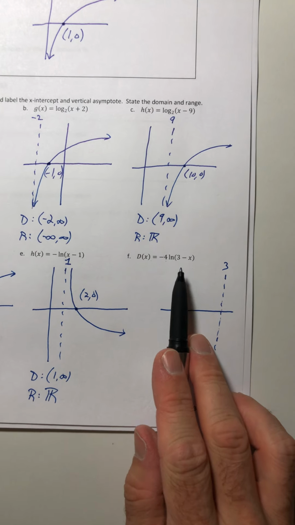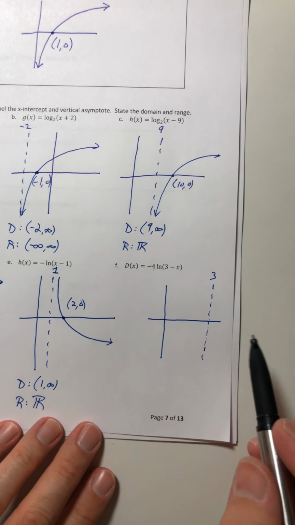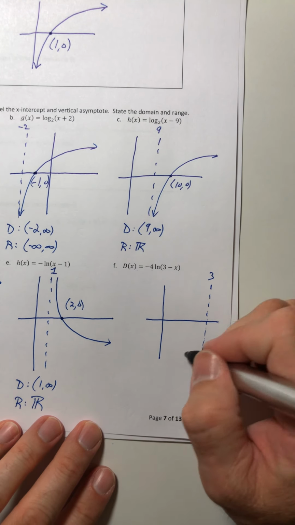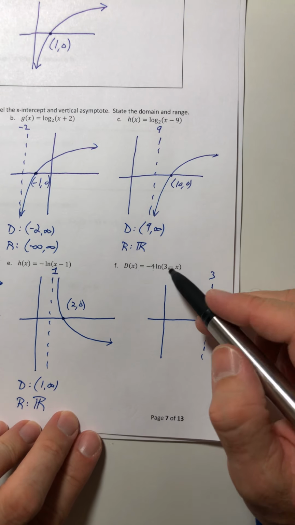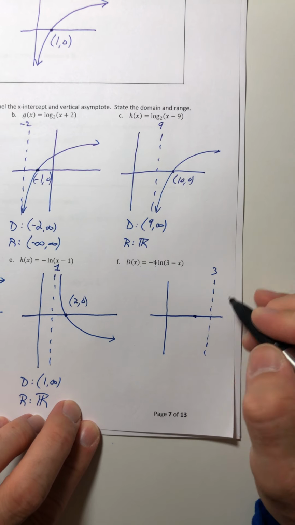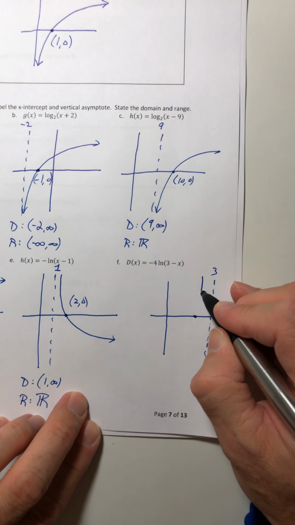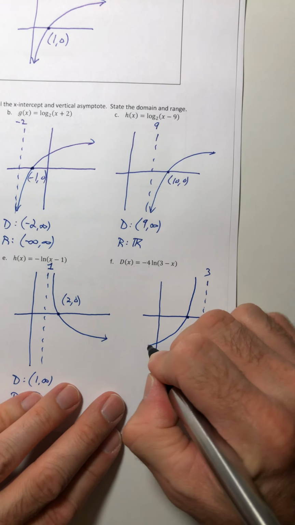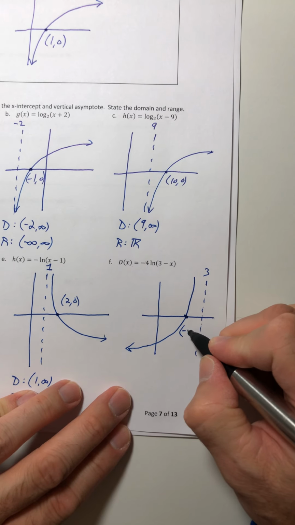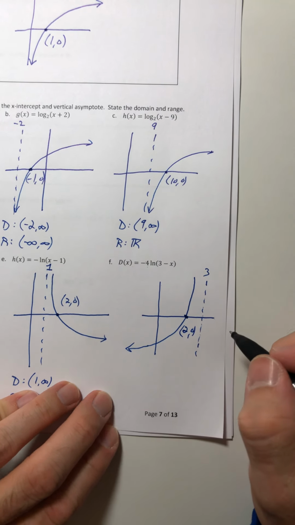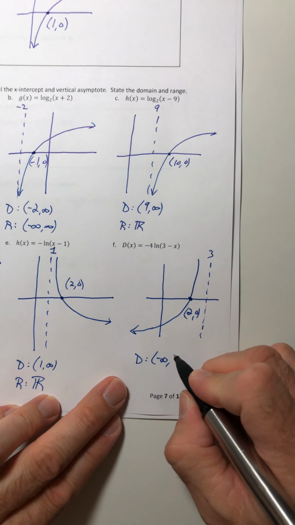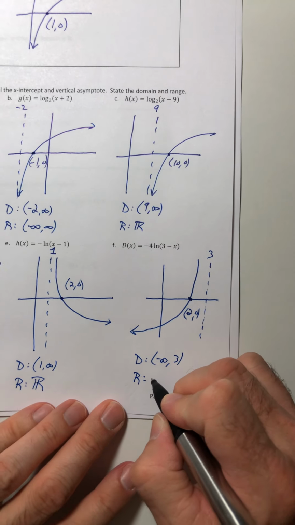If you put the intercept on the right side, you're going to draw your graph like this, and you're going to go through your vertical asymptote. You can't ever do that. So for a log, if it's pointing off to the left, that means your intercept is on the left of that vertical asymptote. So that's going to be at (2, 0). So your domain this time is from negative infinity up to 3, and the range is still all reals.